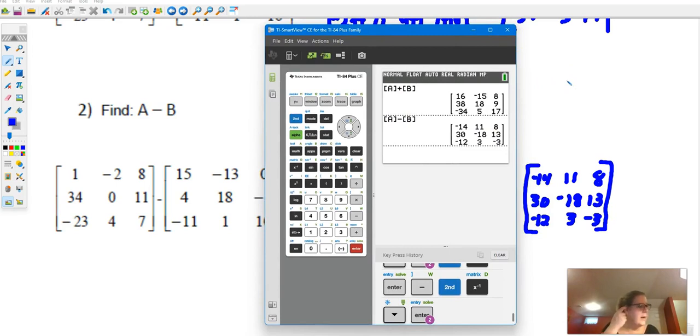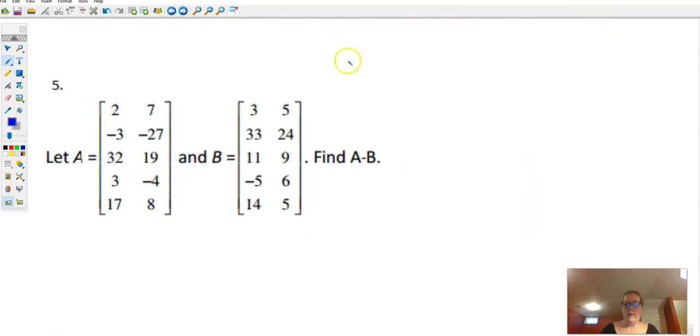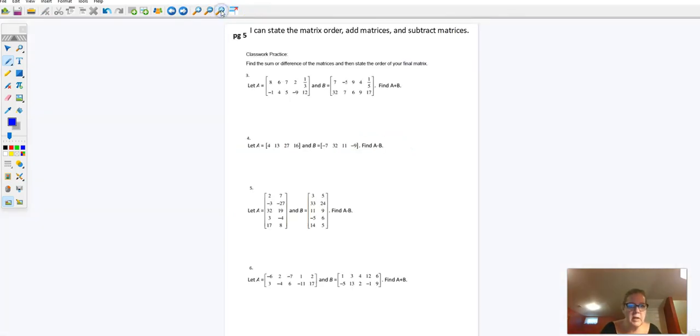So I don't think it's truly time-saving at all, because it takes a while to get these in here, but if you put them in right, and you're given the option to do this, you'll get the right answer versus errors with adding, subtracting integers.